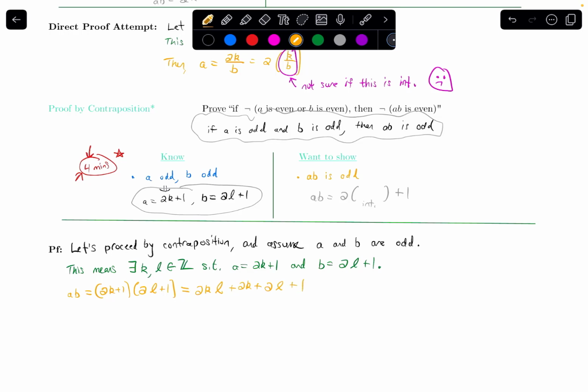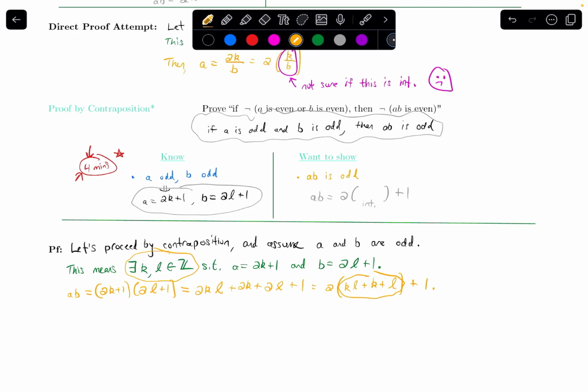We're really hoping to show that this ends up being 2 times some integer plus 1. And I can do that by factoring a 2 out of these 3 terms. So that gives me 2 factored out times KL plus K plus L. And then we have that plus 1 outside of everything. Okay, and I know this is an integer because we said K and L are integers.